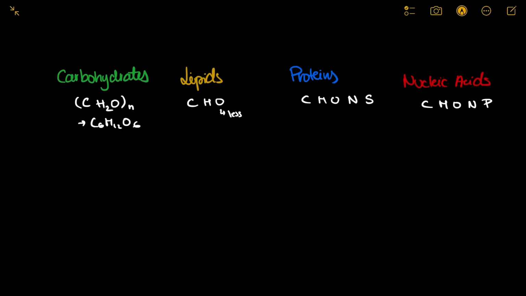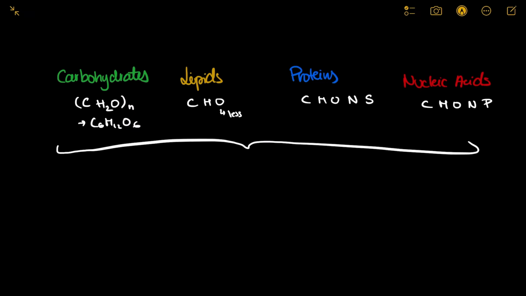And another thing that's important for all 4 of them is the building principle. And this is because large molecules consist of smaller molecules. The smaller molecules are called monomers, because mono means 1.